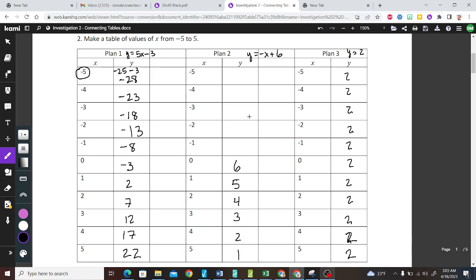And then to go backwards, we would increase by 1 each time: 7, 8, 9, 10, and 11. If you don't like that, recall that you could go negative 5 times negative 1 plus 6. This is where some of you messed up. A negative times a negative is a positive, so this is 5 plus 6, which is 11.